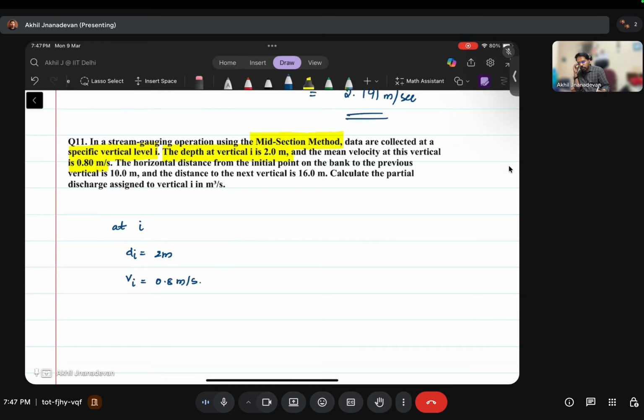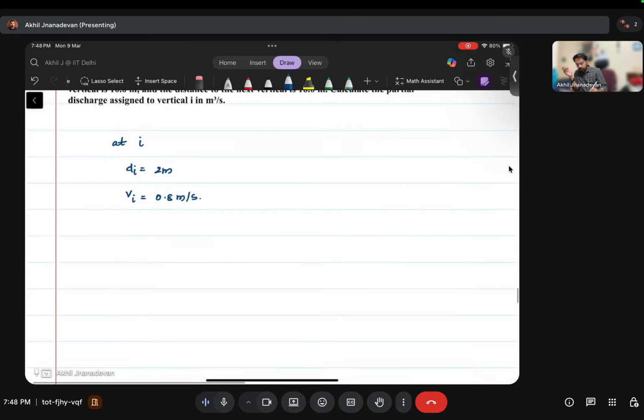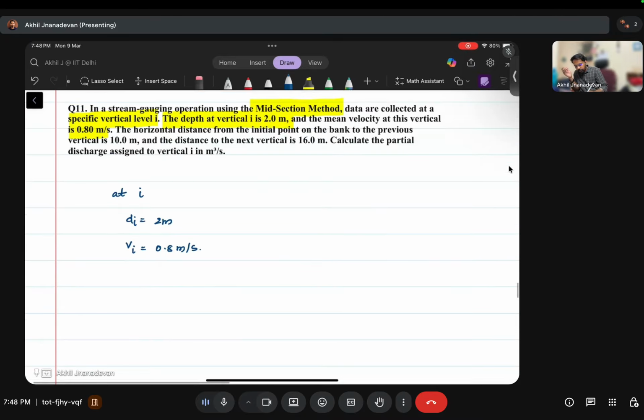So the horizontal distance of the initial point on the bank to the previous vertical is 10 meter, and the distance to the next vertical is 16.